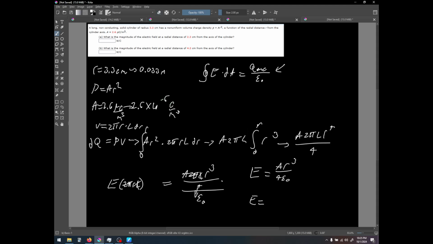No, it's fixed. Times 0.023 cubed, all over 4 times 8.85 times 10 to the 12th. Oh boy, I'm getting a terribly low number, which is very, very wrong.